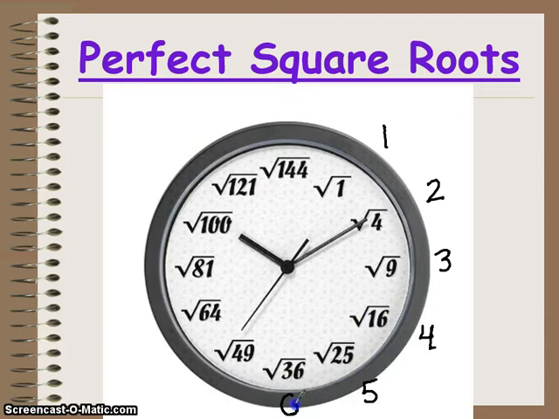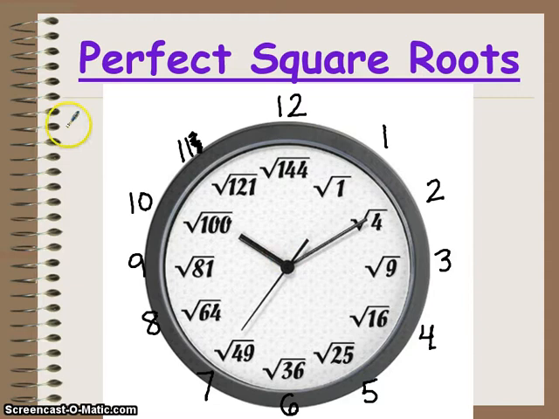The square root of 25, the square root of 36, the square root of 49, the square root of 64, the square root of 81, the square root of 100, the square root of 121, and the square root of 144. Knowing this will help you with the non-perfect square roots.